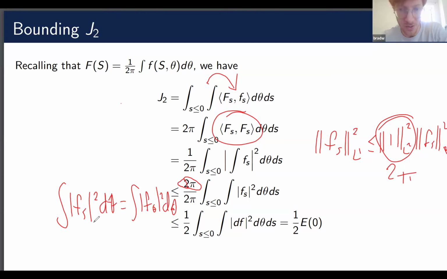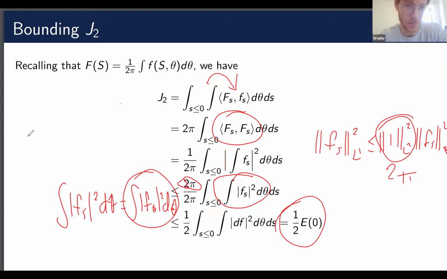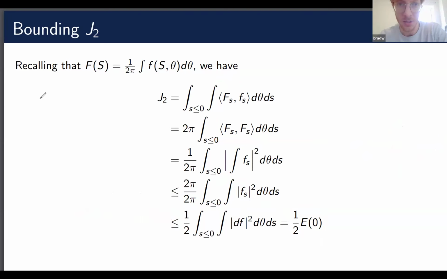Because these integrals are the same, we can split this integral up into half of itself plus half of this, which is exactly the same thing. And then we just get the norm of the derivative again. And this is equal to half of the energy at zero, the total energy. Okay.